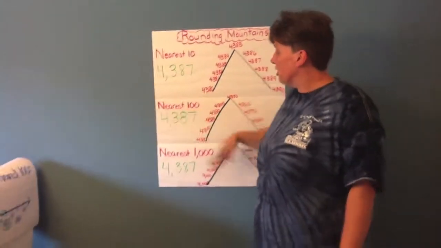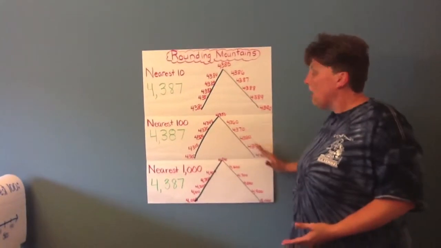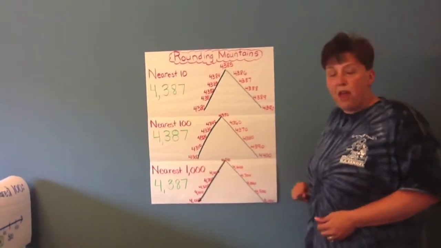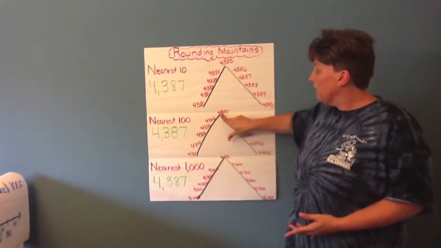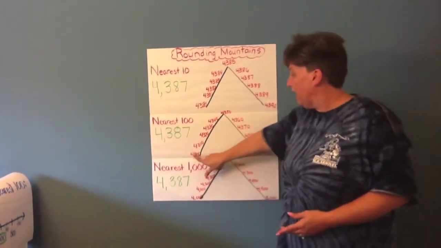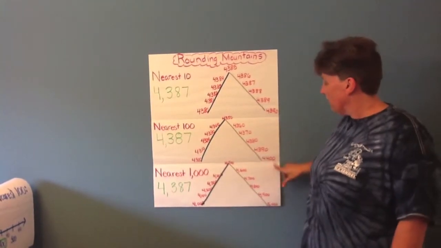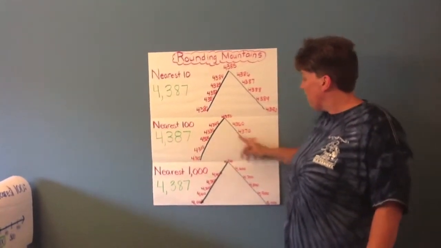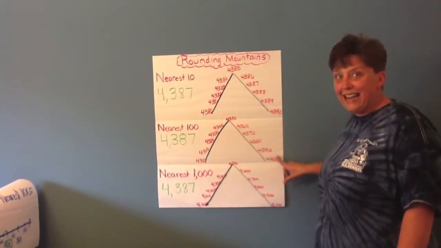When you're rounding to the nearest 100, you have to figure out which tens come between 4,300 and 4,400. Again, 4,350 comes at the top because it's halfway between 4,300 and 4,400. So when I put 4,387 on the mountain, I know that 87 comes between 80 and 90.